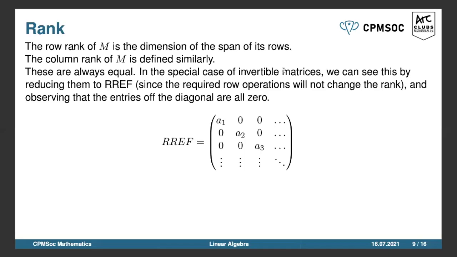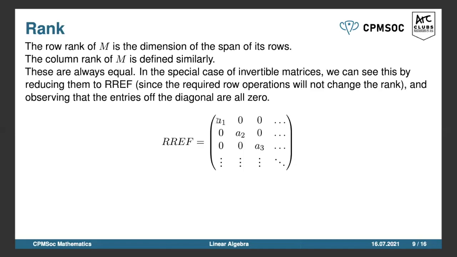So it's not a formal argument, but by just considering invertible matrices, it's a heuristic argument for why this is true in general. And if we take an invertible matrix and reduce it to reduced row echelon form, we're going to be able to make it have zeros everywhere that's not the diagonal.